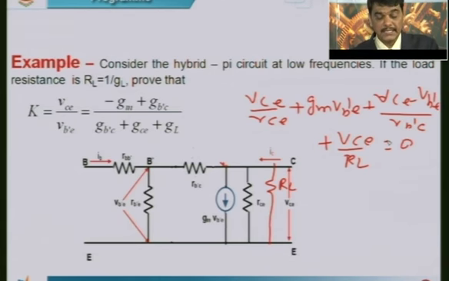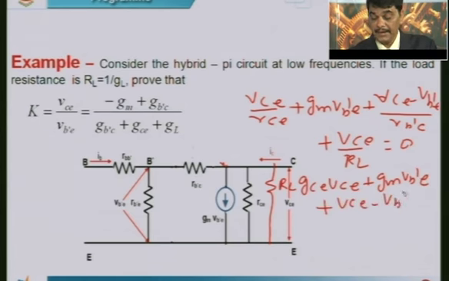To reduce the complexity, we convert the resistances into conductances. Then the expression becomes GCE into VCE, plus GM into VB'E, plus (VCE minus VB'E) into GB'C, plus VCE into GL, equal to 0.